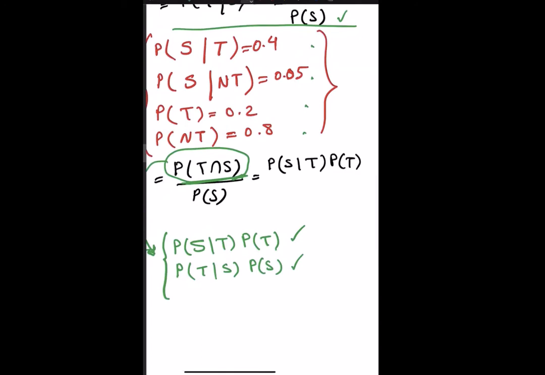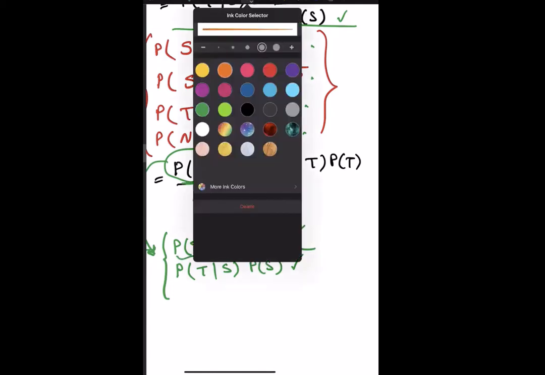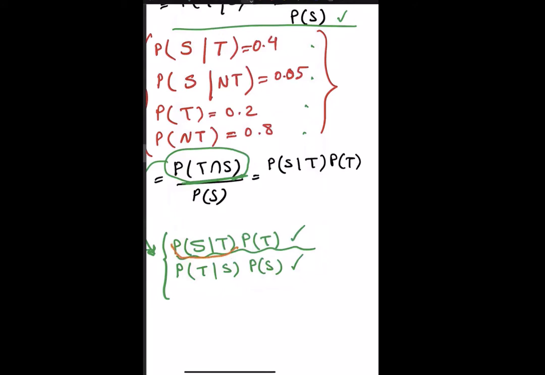I'm going to choose the first formula because the components of the first formula, these two, are the ones that have been given to me in the problem statement. The first one is given, the second one is given to me as well. So I'm going to pick the first method for rewriting probability of T and S. Okay, so that's my numerator.